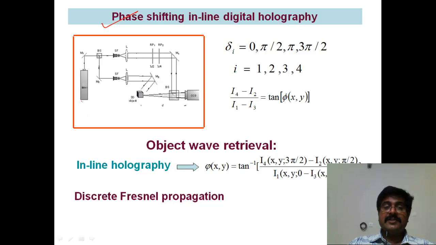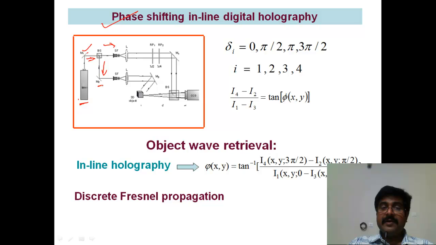So this is the laser, which is reflected by a mirror M1, and after reflection it propagates in this direction. There is a beam splitter which splits the beam into two, one in this arm and the other in this direction.